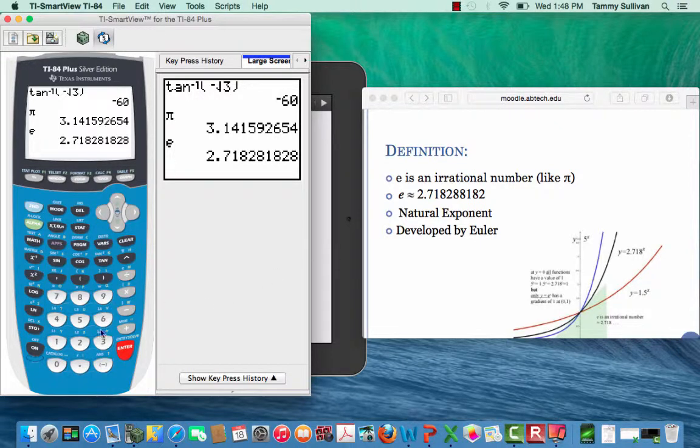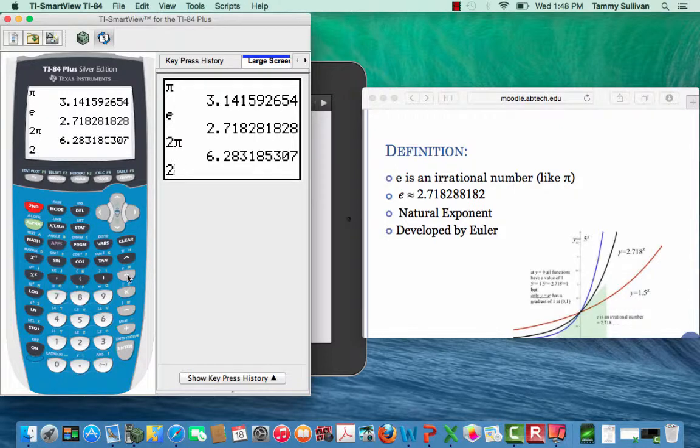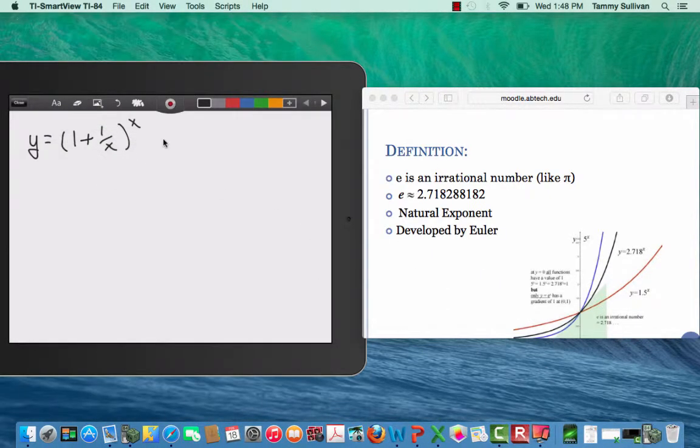Like I can calculate, just like we calculate 2 pi, you can calculate 2e. E just represents that decimal representation of about 2.7183 rounding. So to recap, as x gets larger and larger, that y value is going to e as approximations.